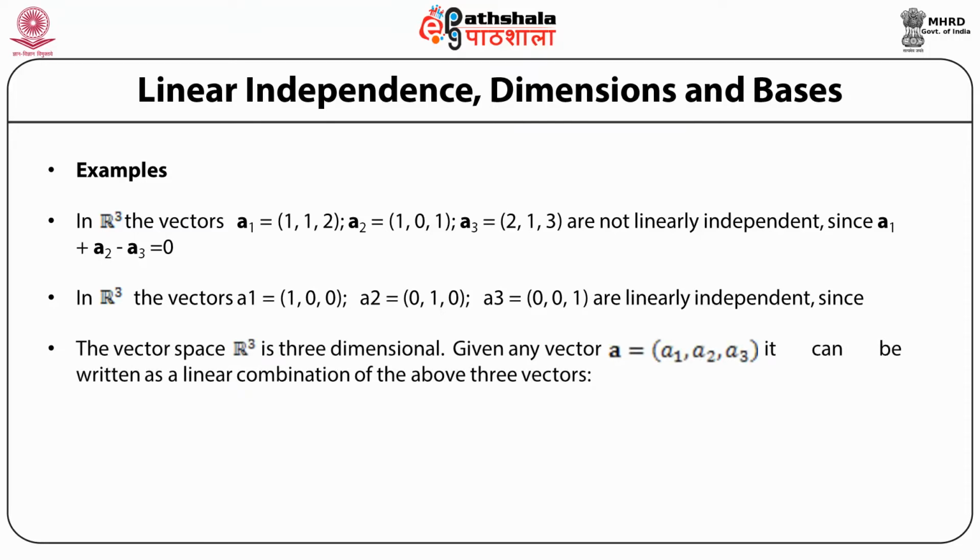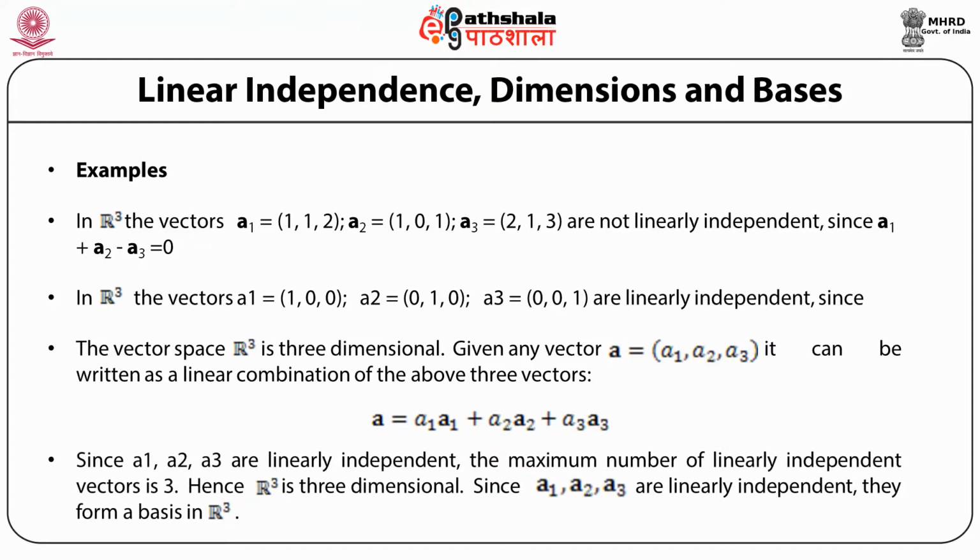Third, the vector space R cube is three-dimensional. Given any vector A equal to (a1, a2, a3), it can be written as a linear combination of the above three vectors. That is, A is equal to a1 times vector a1 plus a2 times vector a2 plus a3 times vector a3.